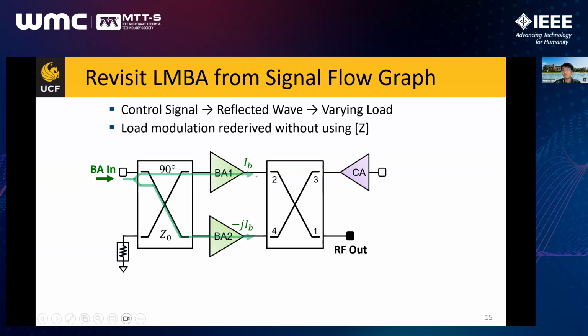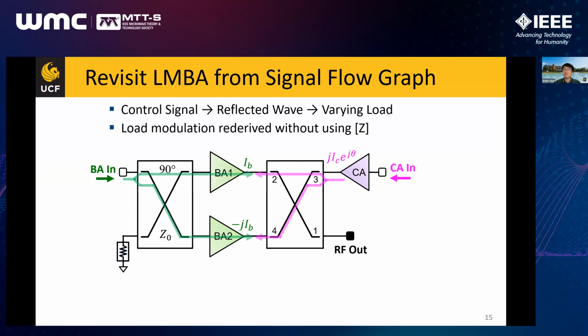In the microwave world, this means a constant load impedance. When a control signal travels from the other side, it provides a reflected wave in the reverse direction, and this can lead to a variation of the load depending on the magnitude and phase of this control signal.